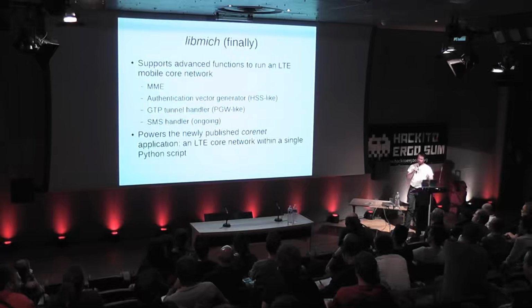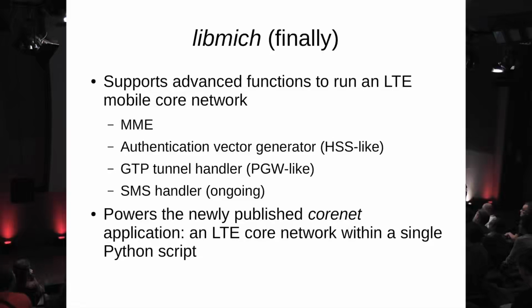Finally, within this garbage collecting library, I've put some extended functions, like some functions to run an MME, which is part of an LTE core network. There is also an HSS-like for generating authentication data for USIM cards. There is something which handles user traffic, which is encapsulated within the GTP protocol inside mobile networks.